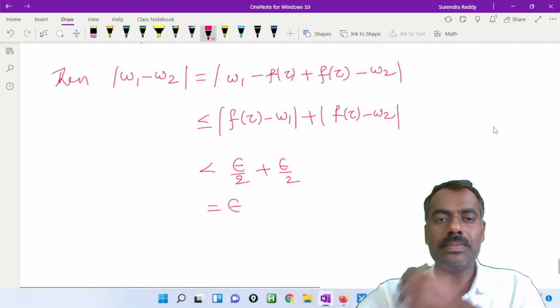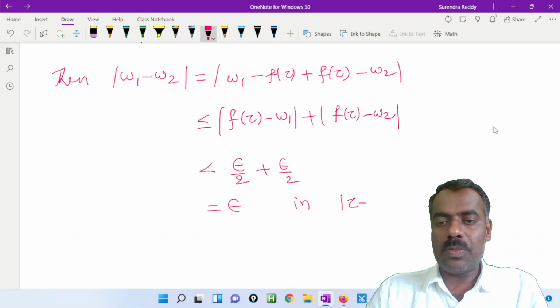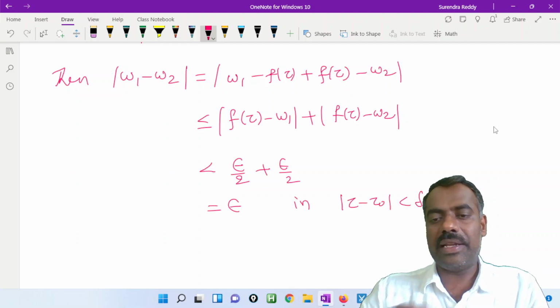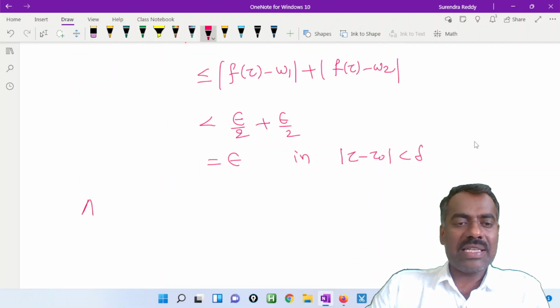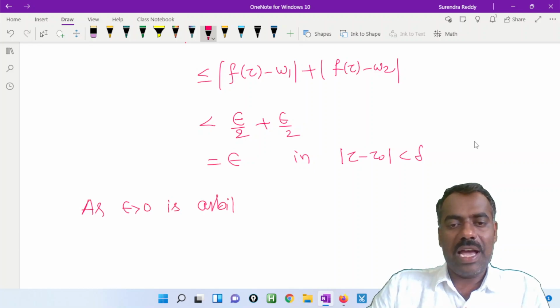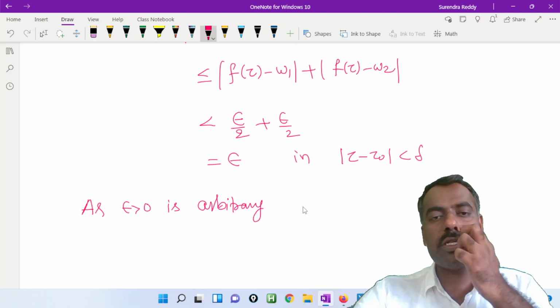Is this clear? But of course this is true in mod z minus z naught less than delta, in that neighborhood. But now epsilon greater than 0 is arbitrary. Arbitrary means you can take whatever value you want; greater than 0 is only required.